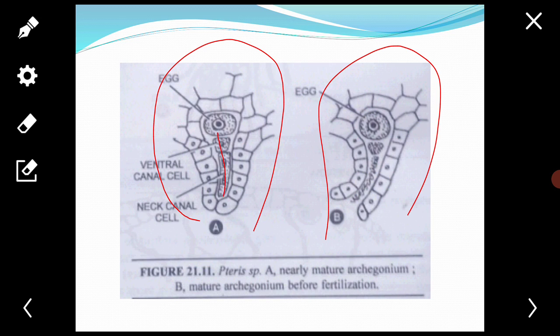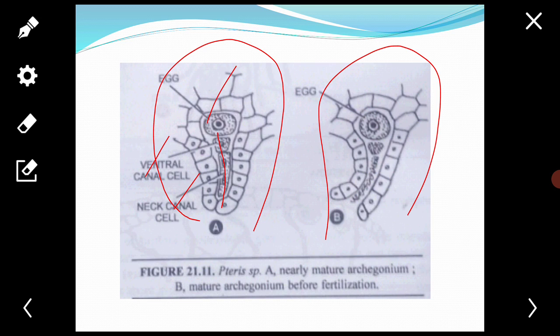The axial row of the archegonium consists of a single, large, and deeply seated egg, a single small ventral canal cell, and a long binucleate neck canal cell.